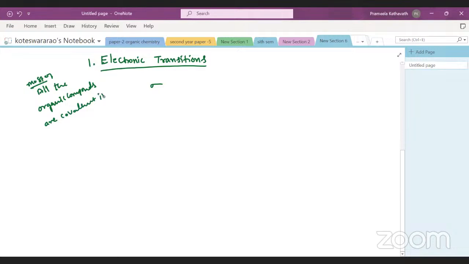Therefore, generally in organic chemistry we see what kind of bonds? Sigma bonds and pi bonds. These are the two kinds of bonds generally seen. The electrons involved in the sigma bond are sigma electrons. The bonded electrons in the pi bond are called pi electrons.